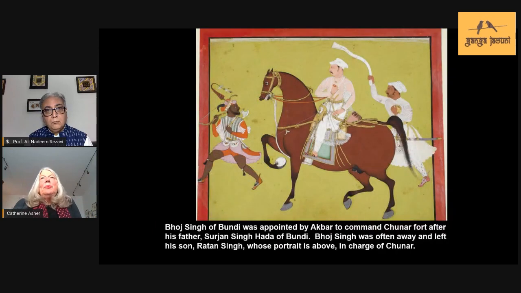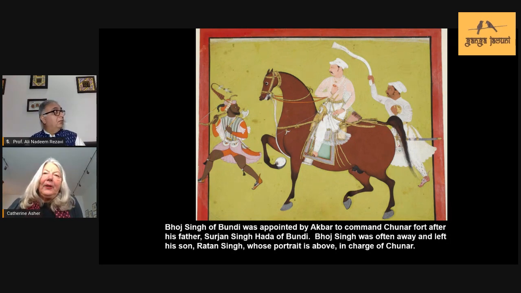His successor, Bodh Singh of Bundi, was again appointed by Akbar to continue to command the Chunar fort. And Bodh Singh was often away, so he left his son Ratan Singh, whose portrait we see above, in charge of Chunar.